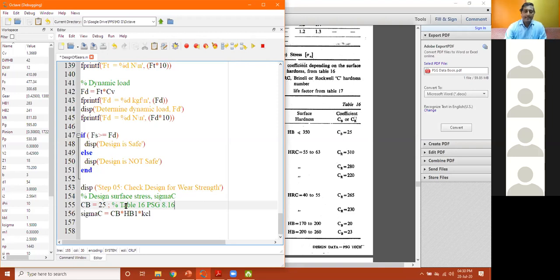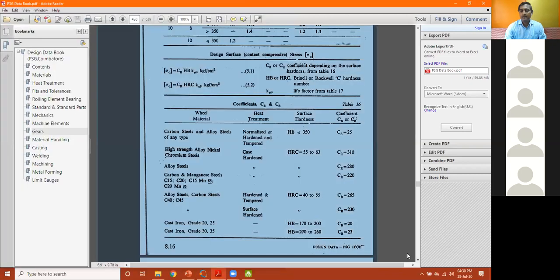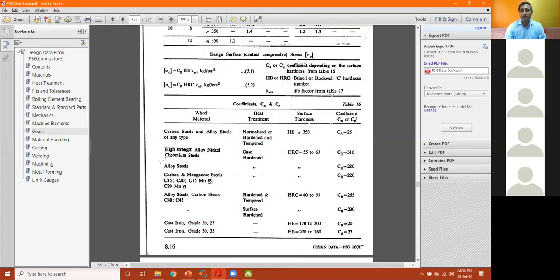What is the magnitude of KCL? We'll go to the data book again. Here we see KCL is mentioned, and from table 17 we'll find that.